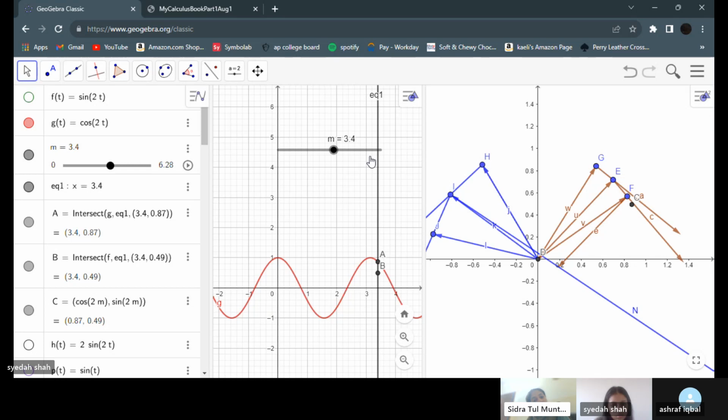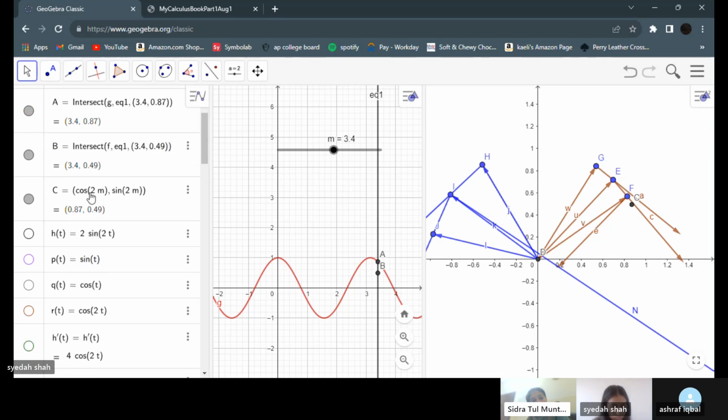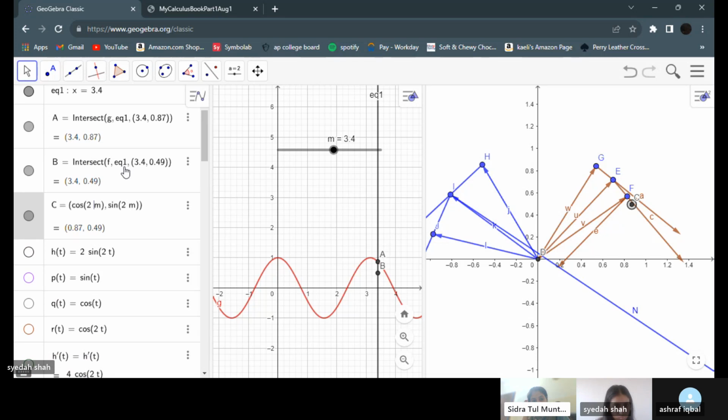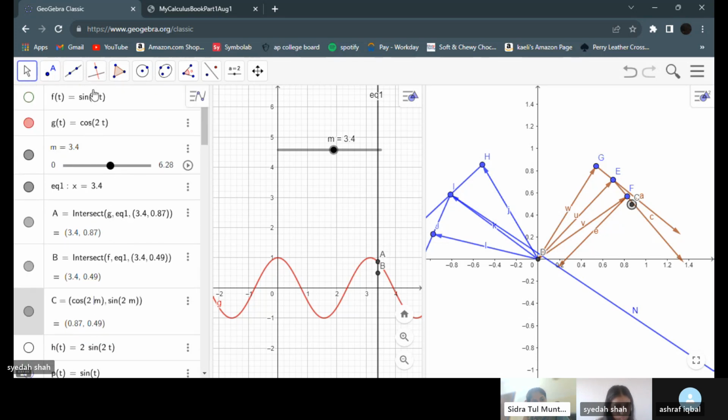So now we are going to change the frequency from 2 to 3. So what would be the waveforms on our first graph? Okay, now change the frequency from 2 to 3.